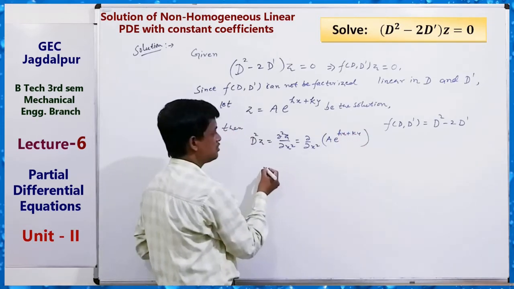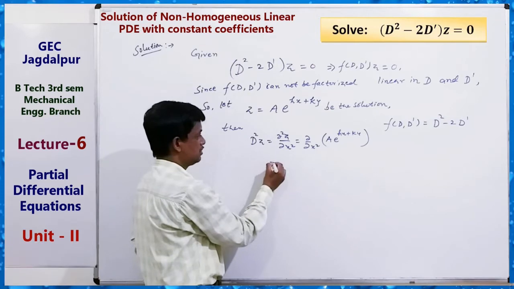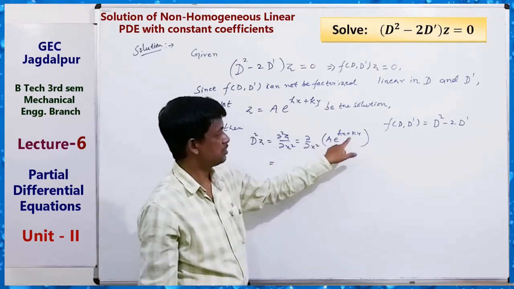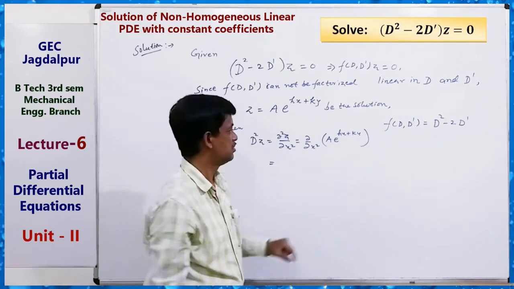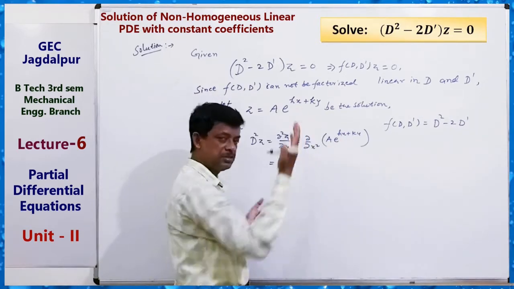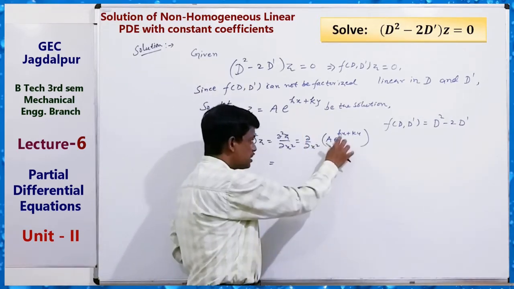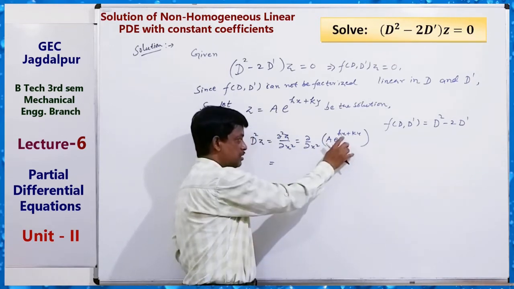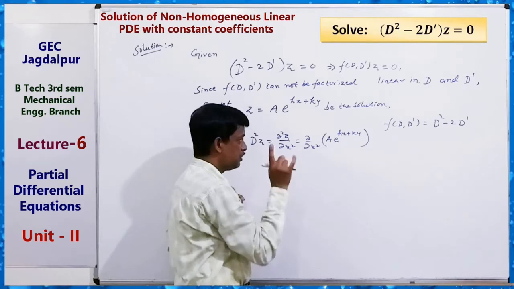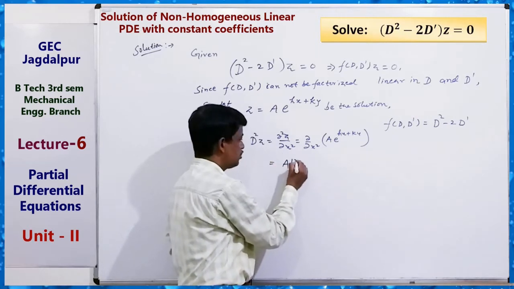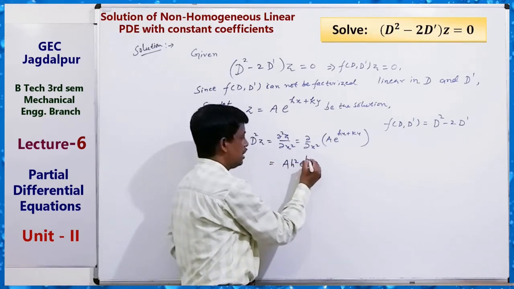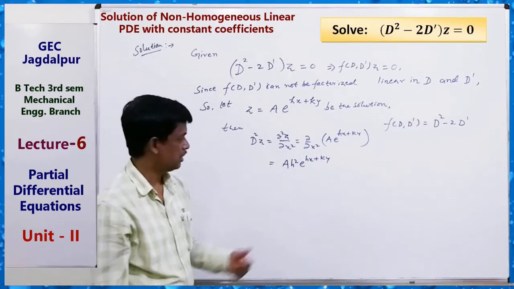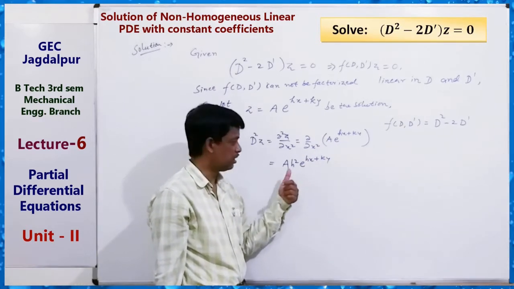This equals to 2 times differentiation with respect to x. The coefficient of x is h, so h will appear 2 times. So a h square e to the power hx plus ky. After differentiating 2 times, h will be multiplied 1 time, 2 times.